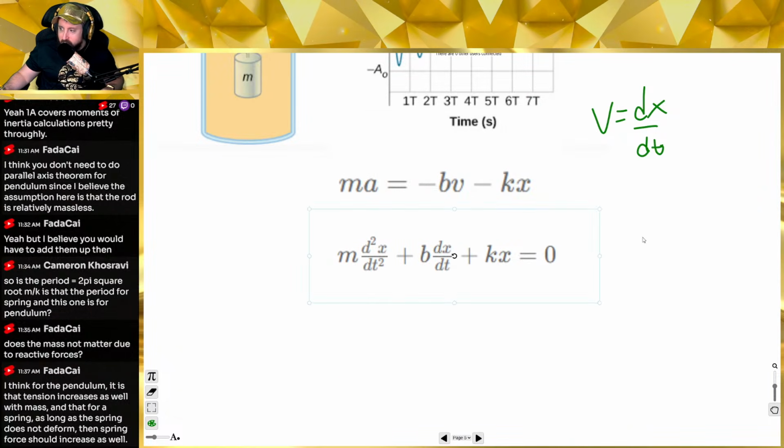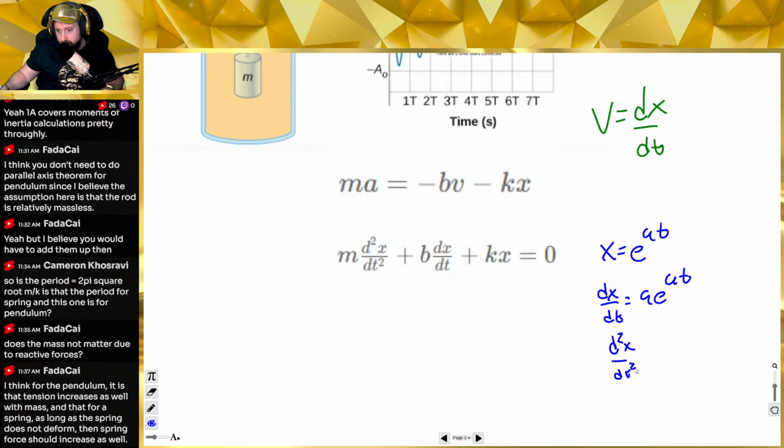If you've taken diff eq yet, you would know there's an easy way to solve this. Usually you say x is like e to the at. Then dx/dt is equal to a e to the at, and d squared x/dt squared is equal to a squared e to the at.